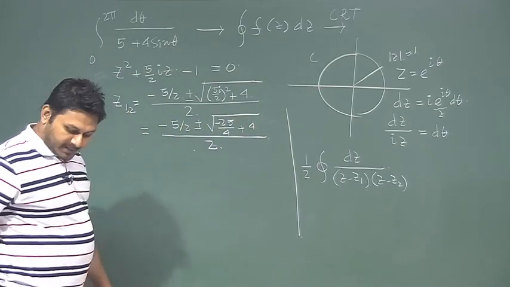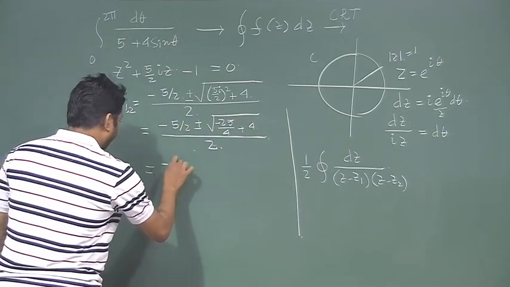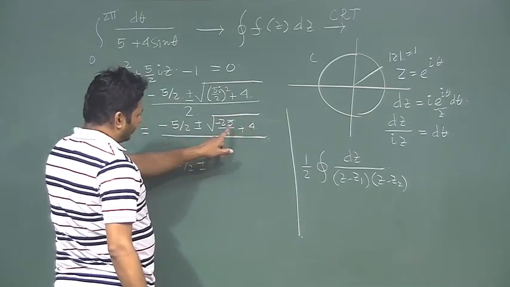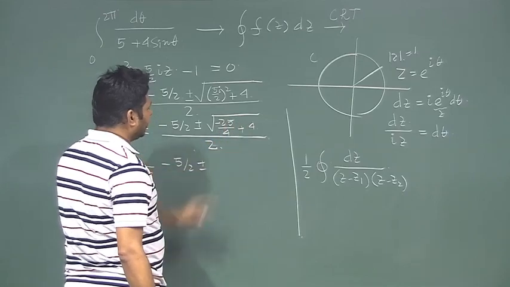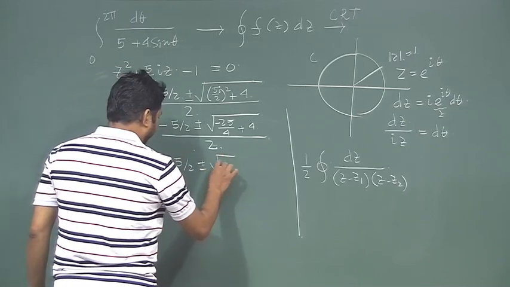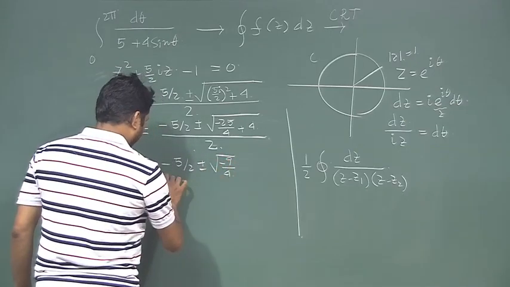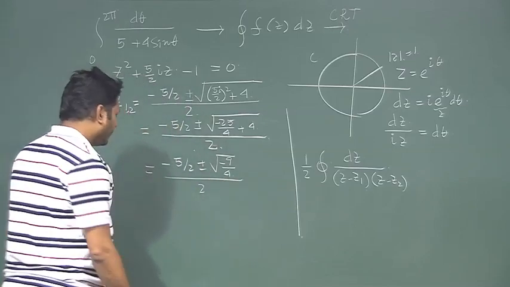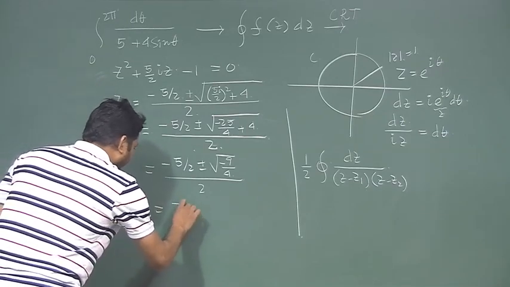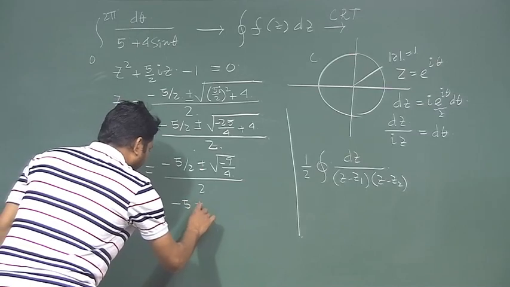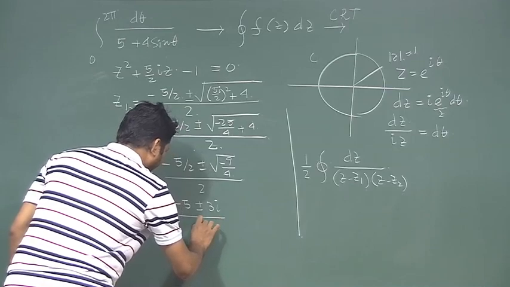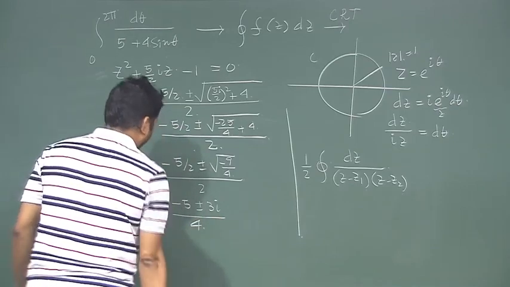Now this quantity I will simplify further: it is 5 by 2 plus minus root over of, this is 4 into 4, 16, minus 25 plus 16, it seems to be 9. So, root over of minus 9 by 4, divided by 2. So, it is minus 5 plus minus 3I, divided by 4.